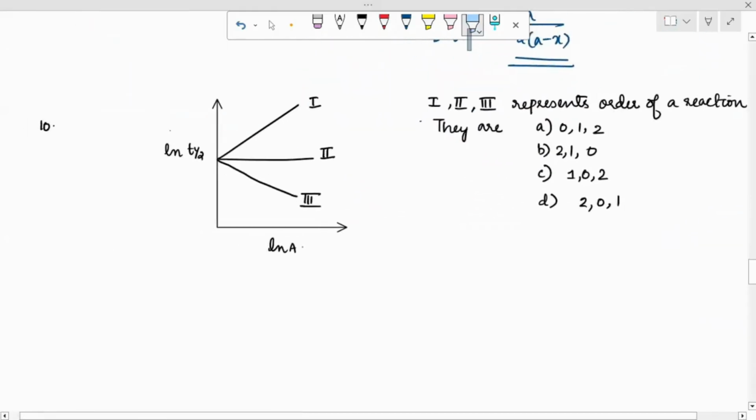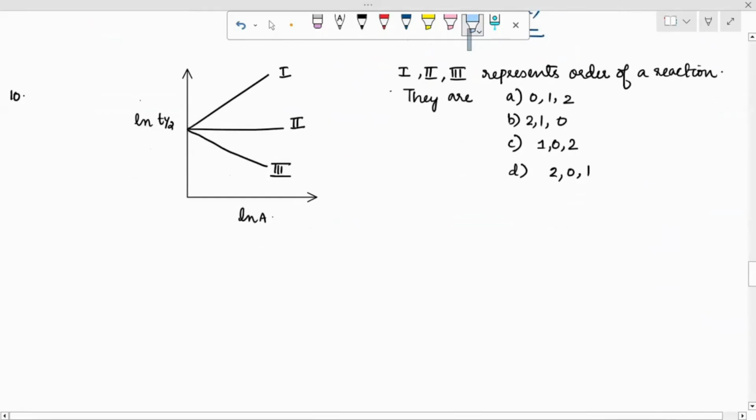Okay. Last question. So here a relation between ln T half and ln of the concentrations are represented for different order reactions. We have to find them.